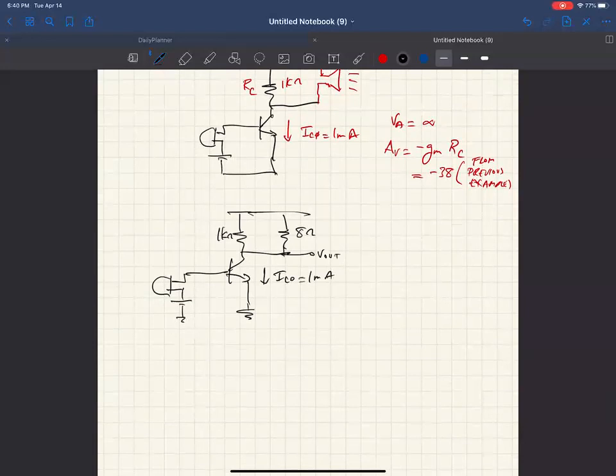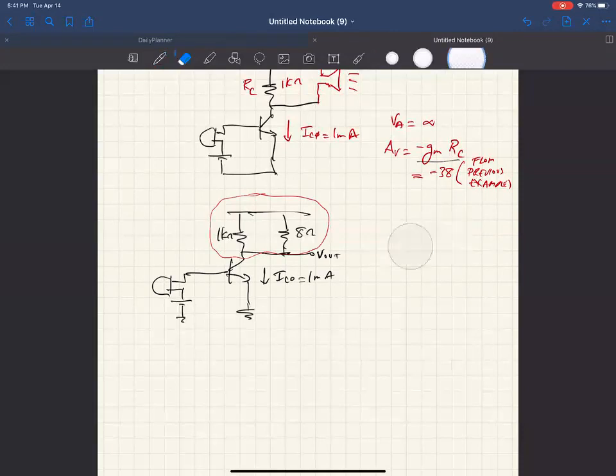So basically what happens is you've got 2 resistors in parallel right here. So your gain goes from this equation to that equation, with R sub C in parallel with the 8 ohms. So A sub V is minus g sub m with your R sub C in parallel with 8 ohms.